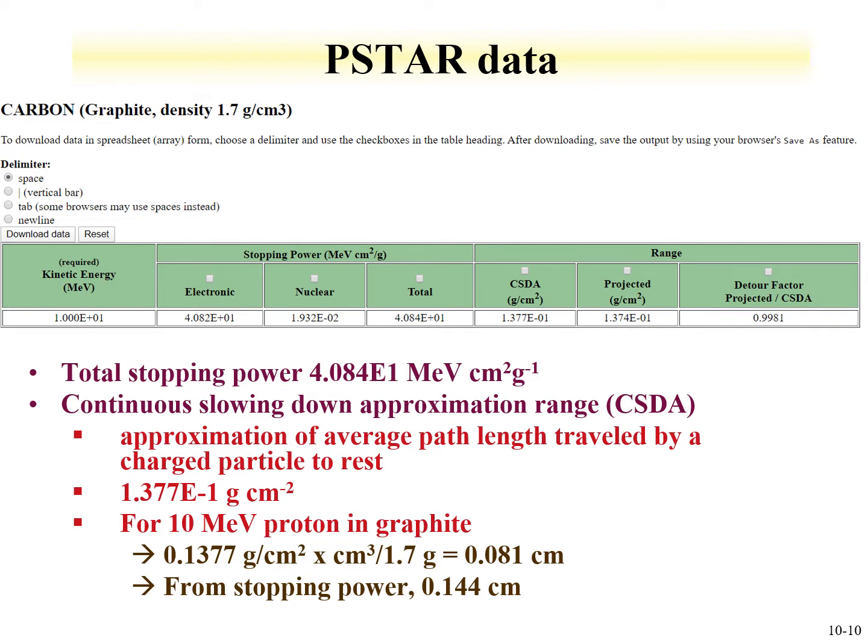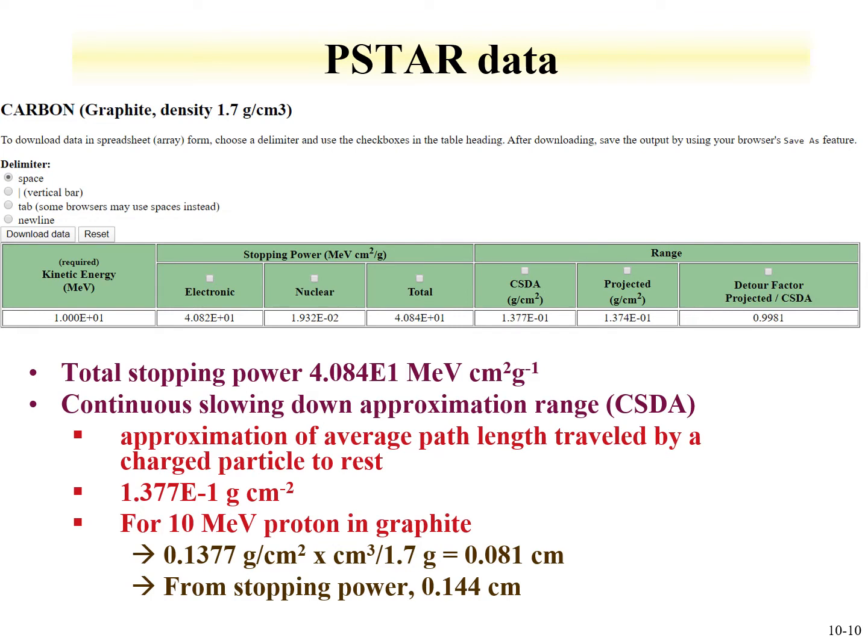So we could use this data here, and I just use the CSDA example here. Take this value. We know the density is 1.7 grams per centimeter cubed. Solve for distance in centimeters. We get 0.081 centimeter.